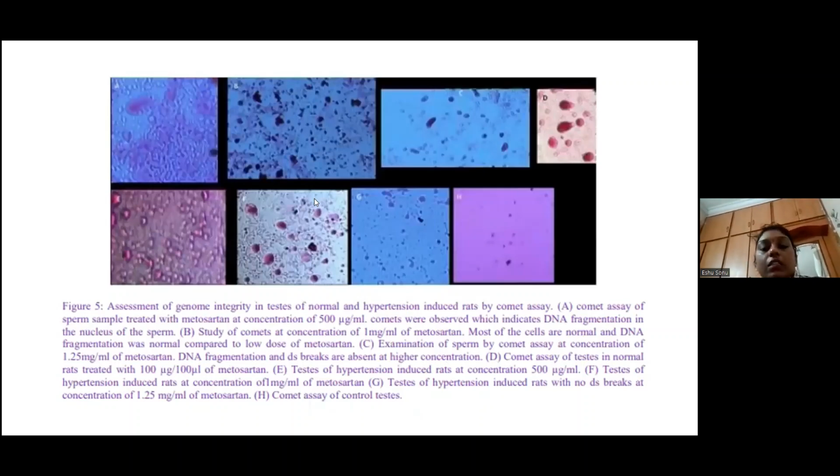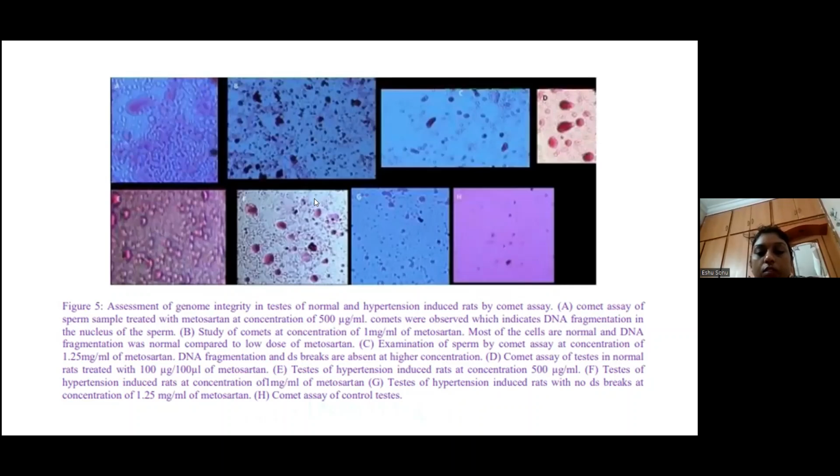And you can study this DNA fragmentation by using the Pumet assay. You can see the 500 μg treated sample where you can clearly see the Pumets. And B is 1 mg per 1 ml. And F, you can see the 1 mg per 1 ml of metosartan in the case of testis, whereas B is sperms. So from all the figures, you can see the Pumets.